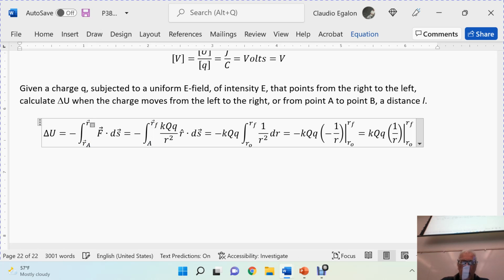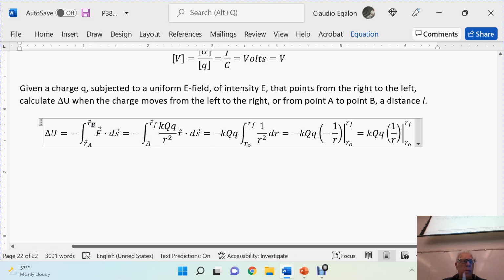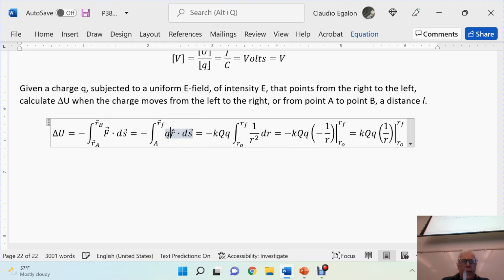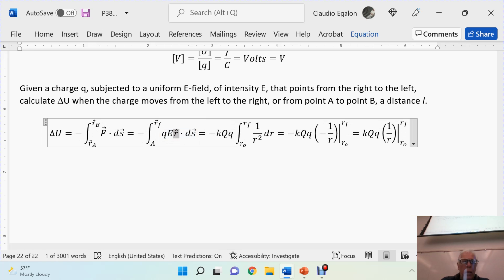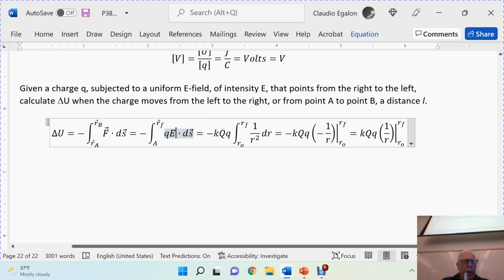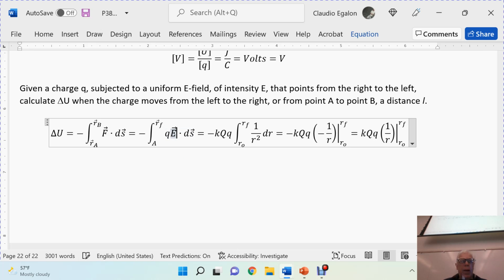It's better this way. The force applied to the charge is going to be Q times E. Don't forget that E is a vector.